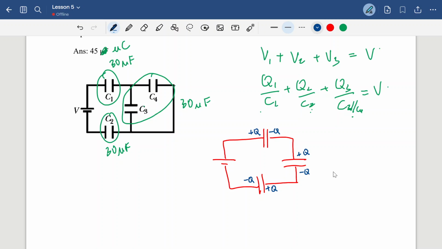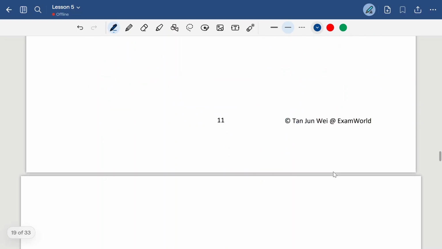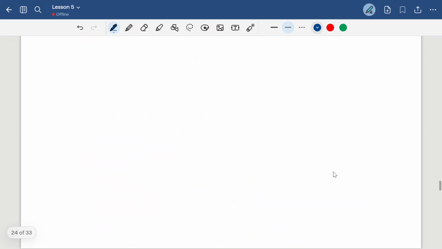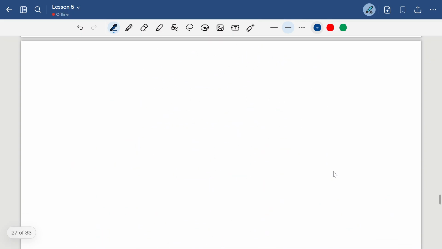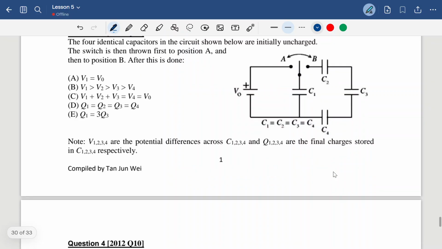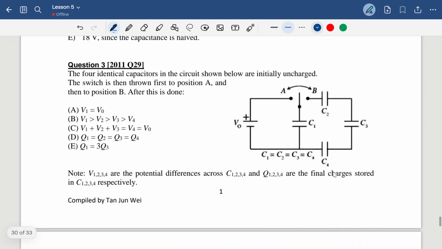There will be one more type of question, which I don't have time to go through. I'll just show you straight. Let me see if I have it here. If I don't have it, I'll write an example for you. This side, question 3. This switch first charges this C1.